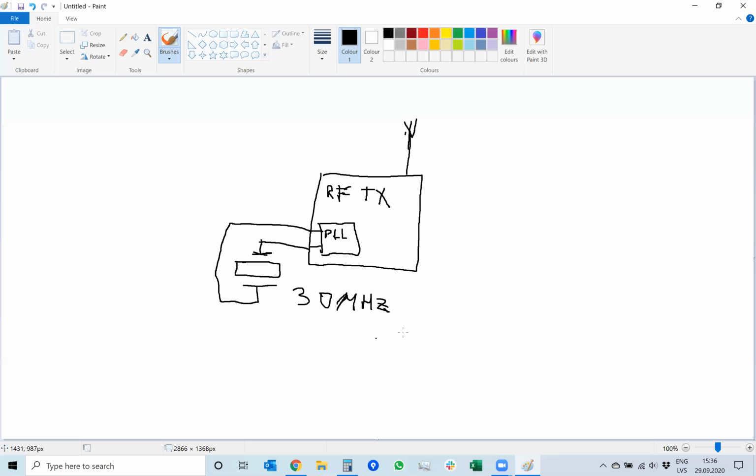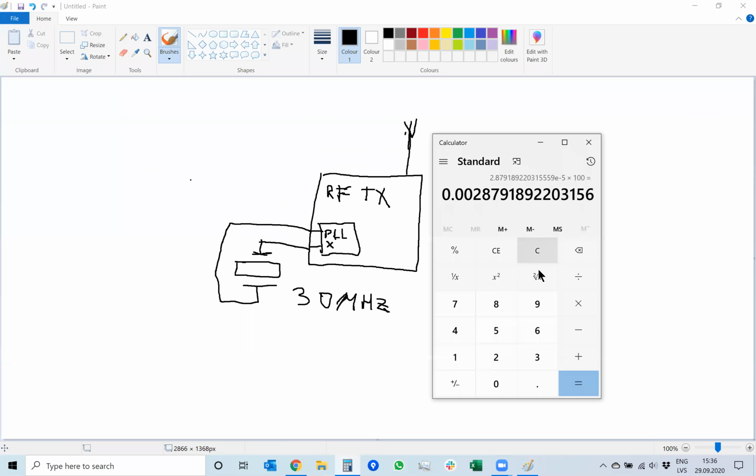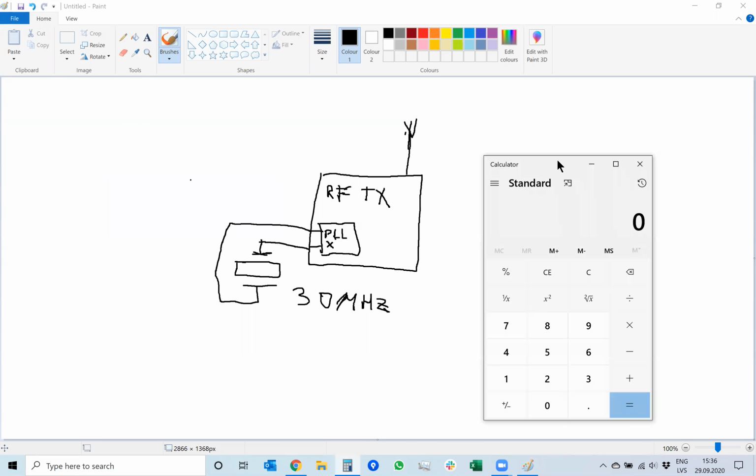So we feed the lower frequency, the PLL multiplier multiplies our signal, and we can actually calculate by how much it multiplies the signal. So let's say we need 868.3 megahertz. We divide it by our reference crystal, which is 30 megahertz. And actually the multiplier is 28.94.